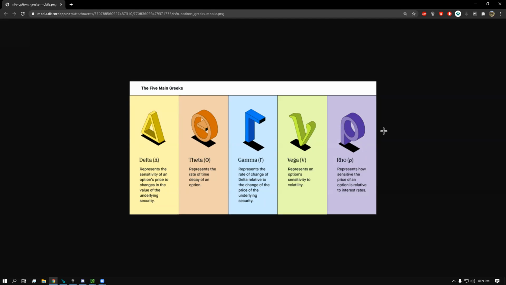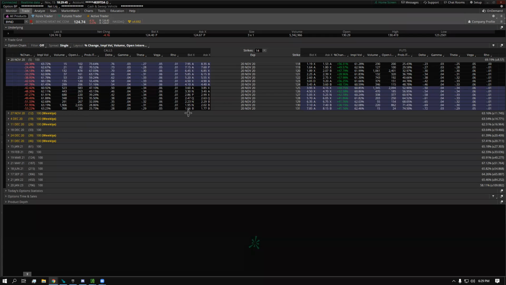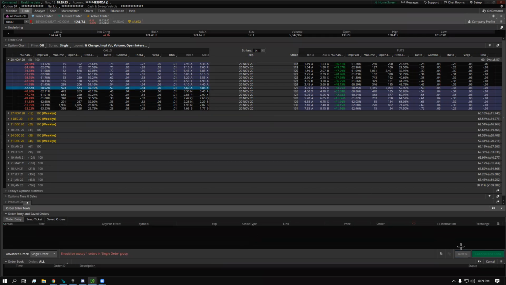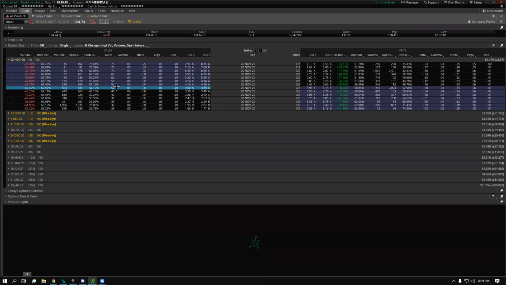So for example, let's go back to the contracts. We're looking at BYND right now, and if you pick a strike, the 125 strike, you look on the left-hand side, you can see that it has a delta of 0.5. That means right now, let's say BYND is 124.74, the last price.